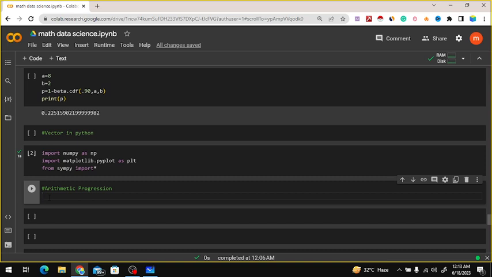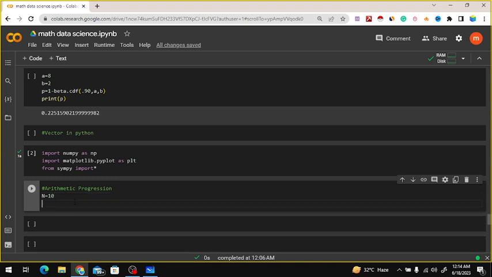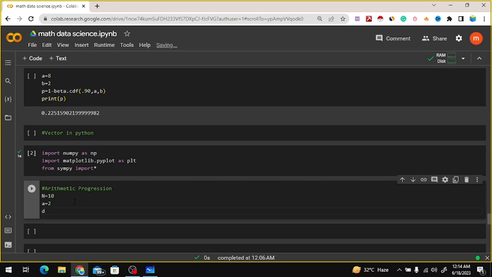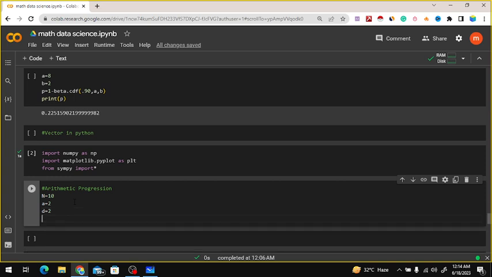So look here. First I am going to write n equal to 10. Second, I will write the small a equal to 2 and d equal to 2. Now it's a number like sum1, a variable, so sum1 will equal, it should start from 0.